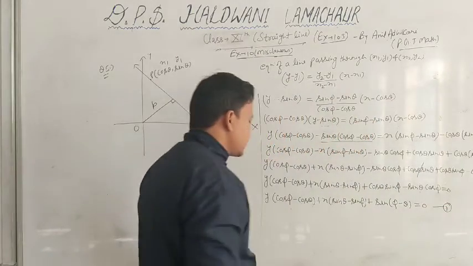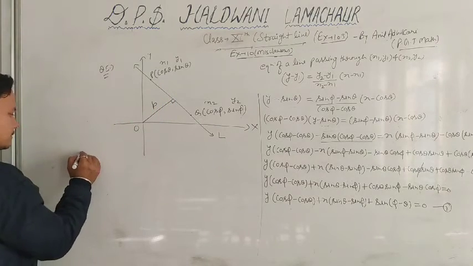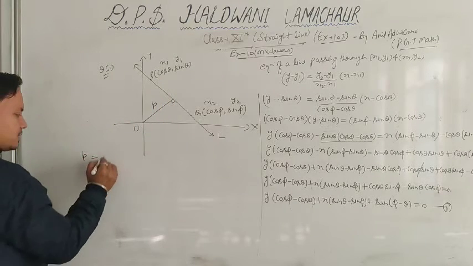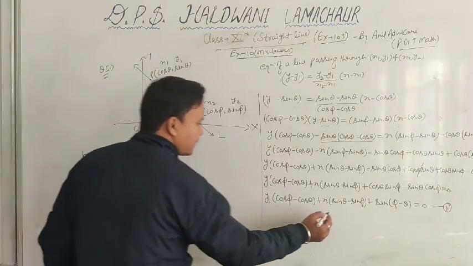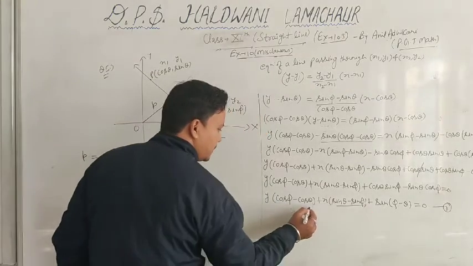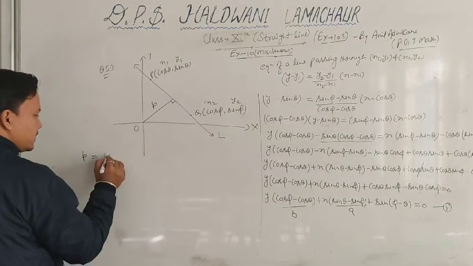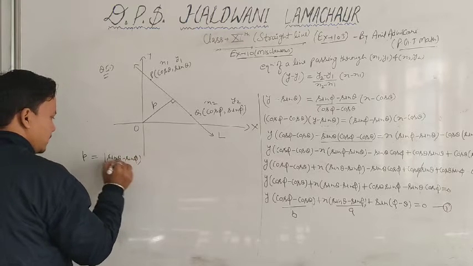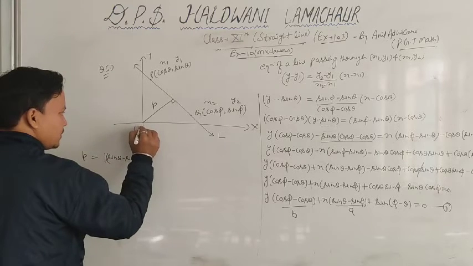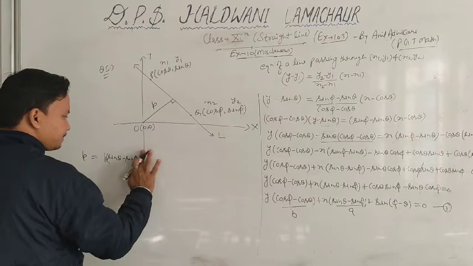Now we need to find the distance from the origin to this particular line. So the distance, which is denoted by p, is equal to a x1 plus b y1 plus c upon root of a square plus b square. The value of a is the coefficient of x and b is the coefficient of y. So a is sin theta minus sin phi, and a x1 is 0 because we need to find the distance from the origin.